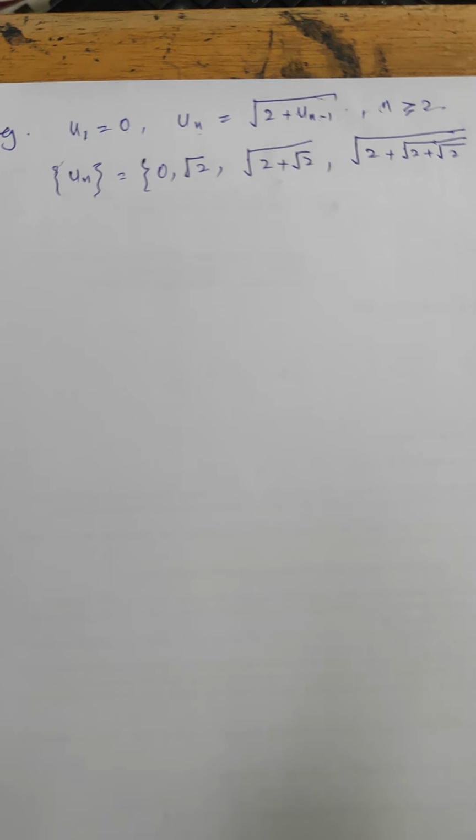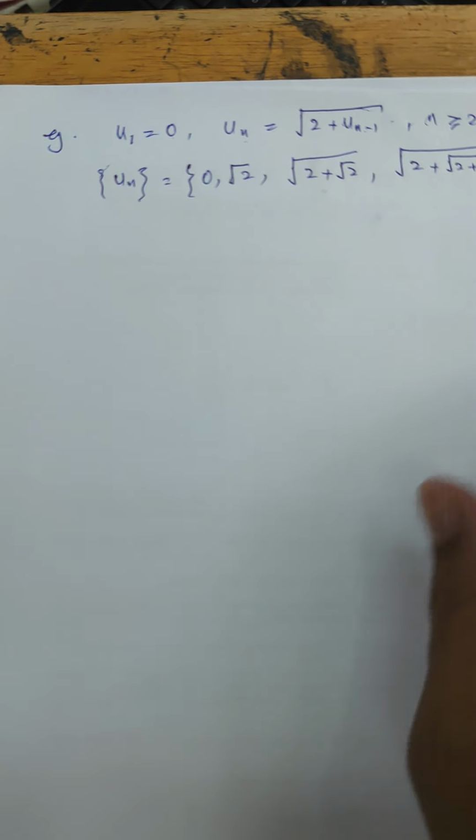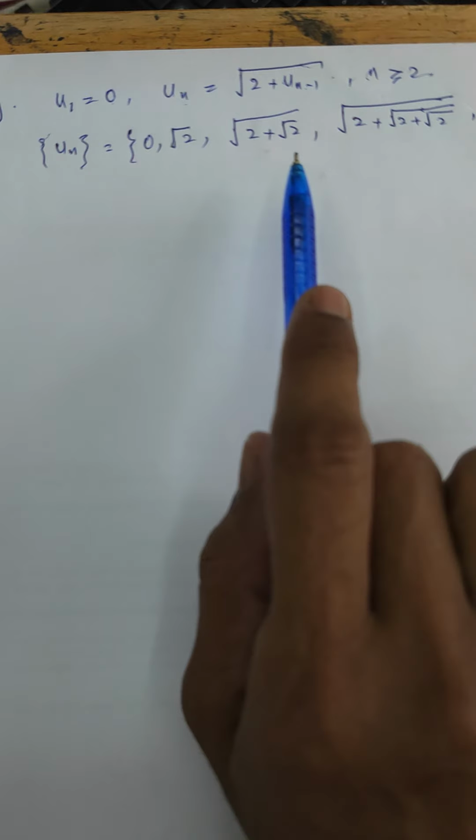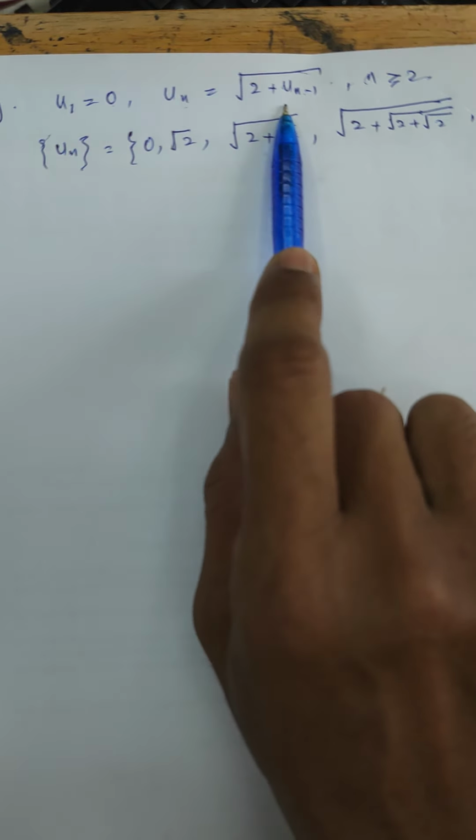I think the proof of this is not as easy as the previous one, but you can still do it, because I believe you know what mathematical induction is. So by observation, of course, this is less than 2.